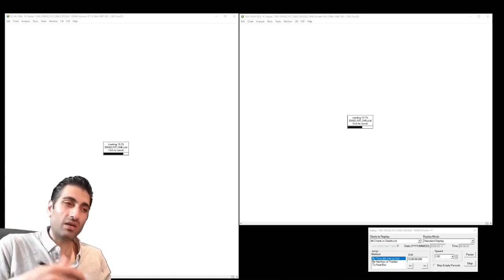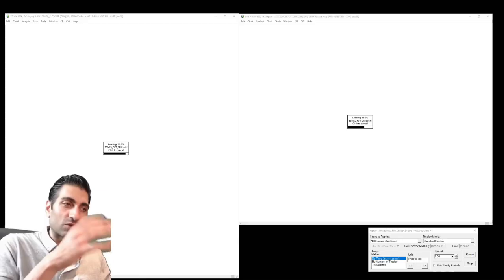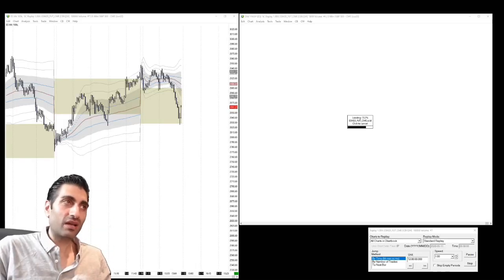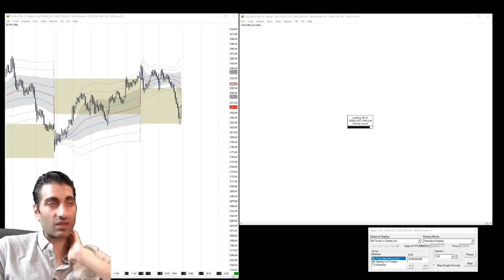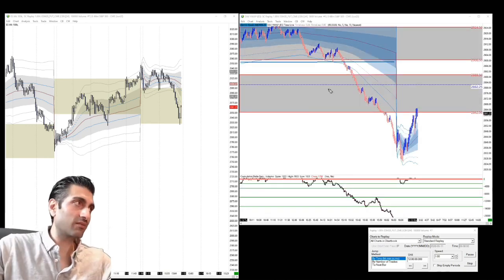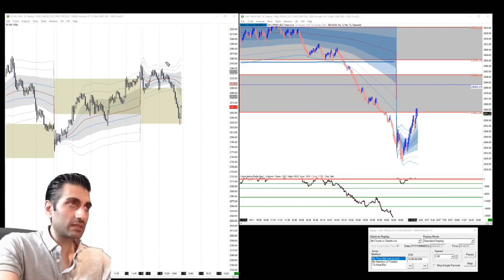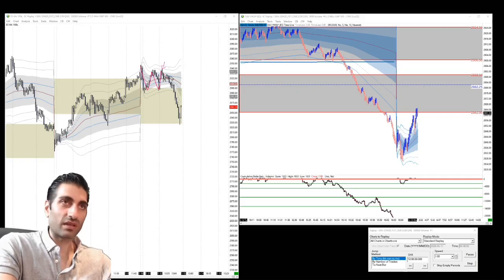Rhythm is about 1.5 SD or 2 SD or whatever it is, and therefore I don't want to be getting long into that environment, right? Didn't really want to be getting long. You can see it clearly. And then we just fell off the rest of the day, which is fine.